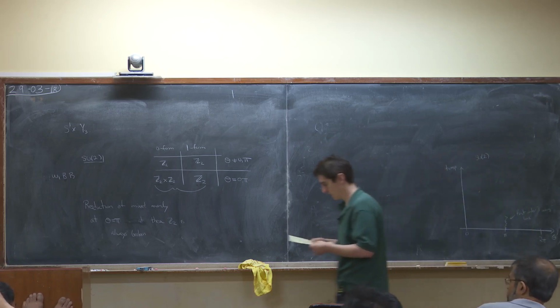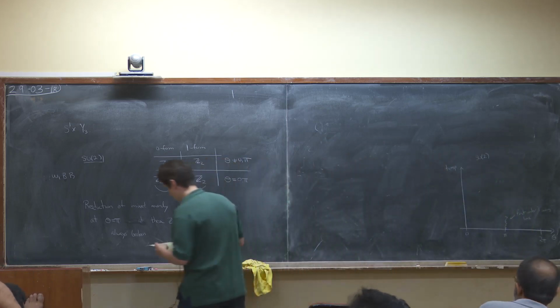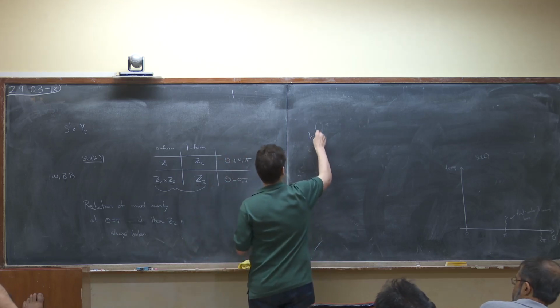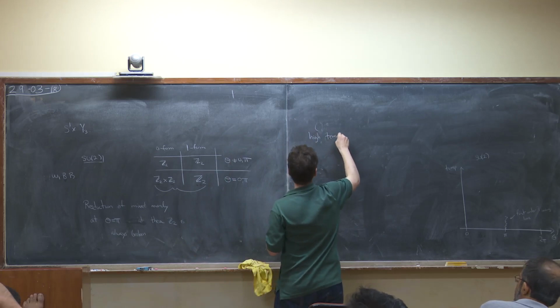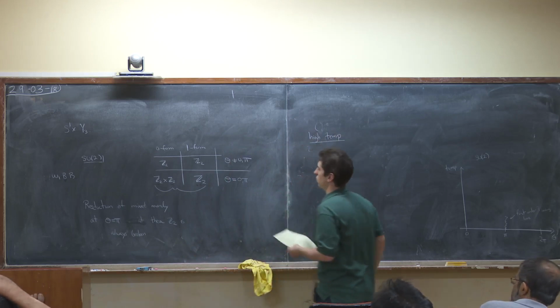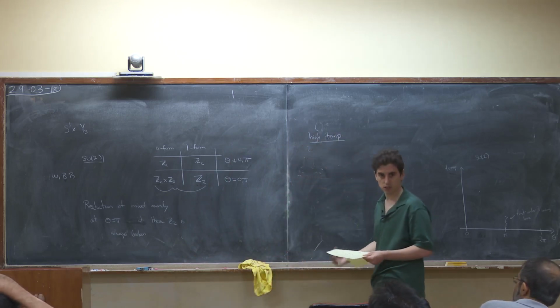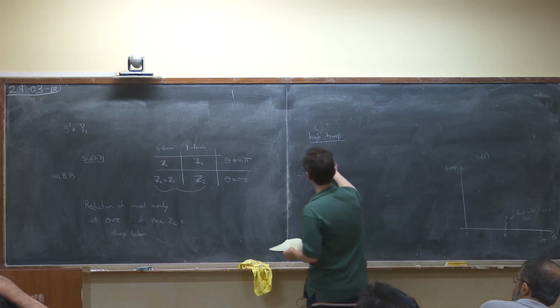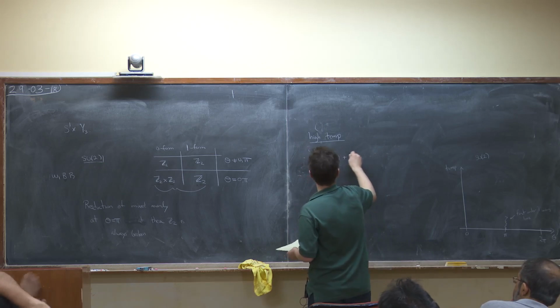Okay, so let's first say, just as a review, what we know is happening at high temperatures. At high temperatures, you can study the theory by dimensional reduction. So you get SU(2) gauge fields in 3 dimensions plus one adjoint scalar.